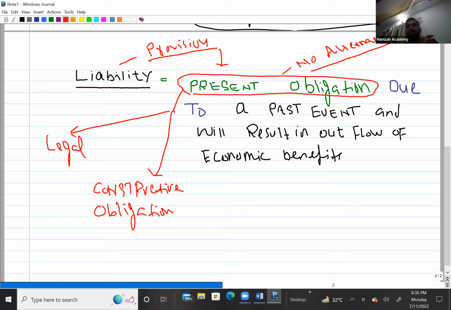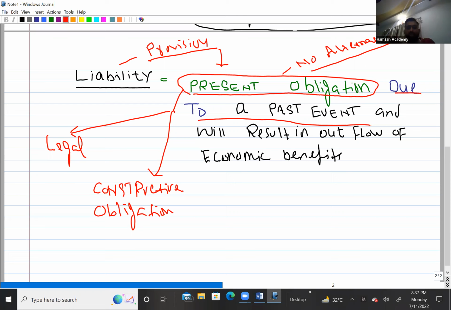That obligation will be due to a past event. It is very important. Past event means an obligatory event. If there is an obligation on me, that means in the past I did something. Without doing anything, how can an obligation be created on me? How can a judge punish a person who didn't commit a crime in the past? Can a court tell a person, okay, you are going to kill someone in the next 6 months, so I'm sending you to jail, or I am giving you a capital punishment?